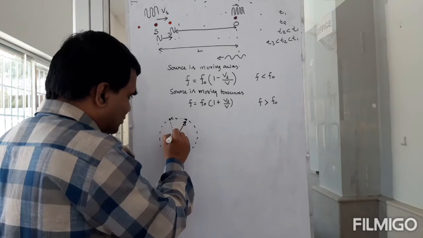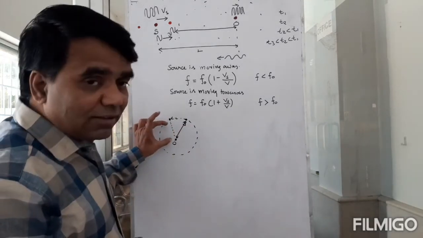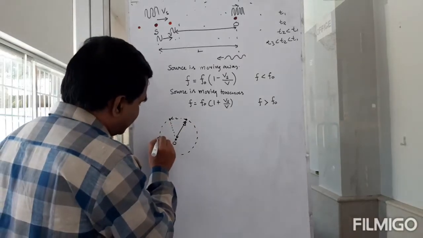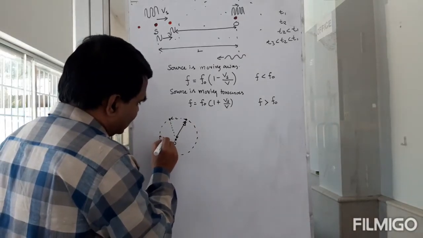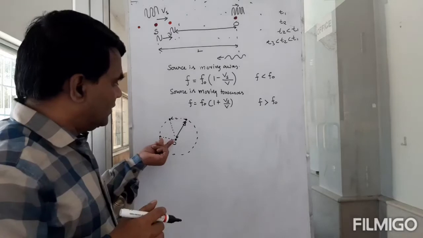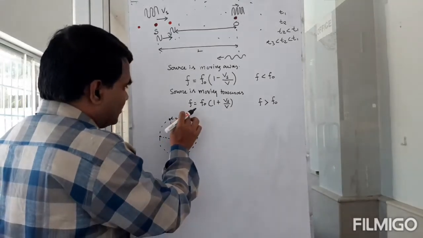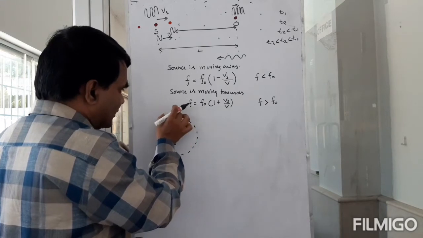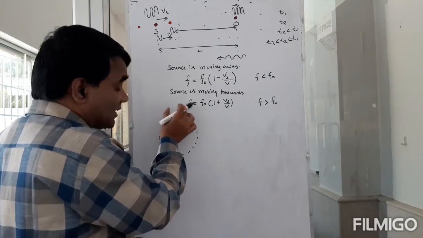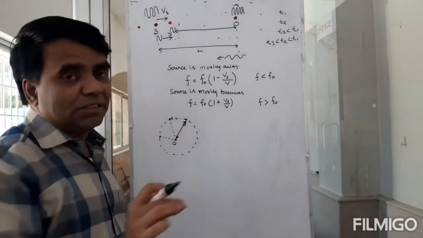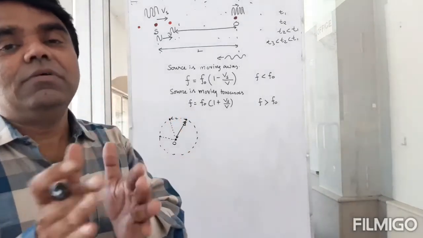But that also takes the same time to reach me because the distance remains the same. And the third pulse it may produce when this is here, and that also will take the same time to reach me. So the source produces pulses at a certain time interval, and I will see those pulses in the same time interval.